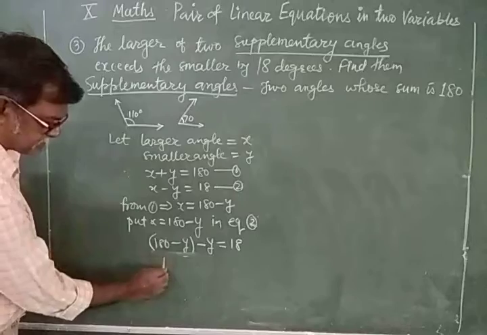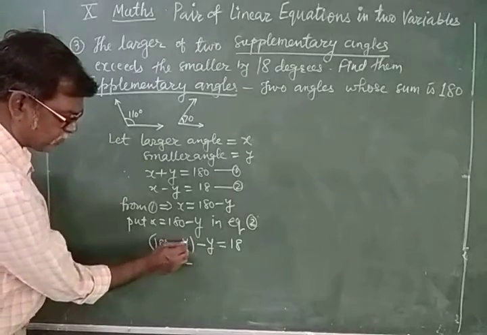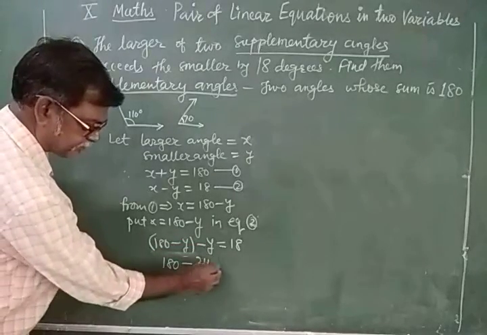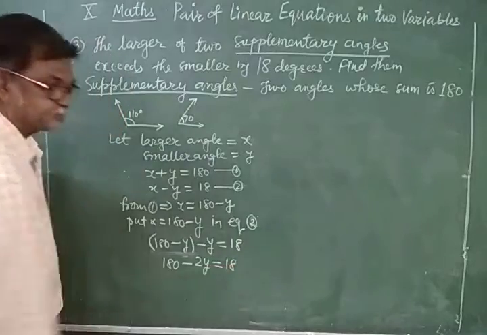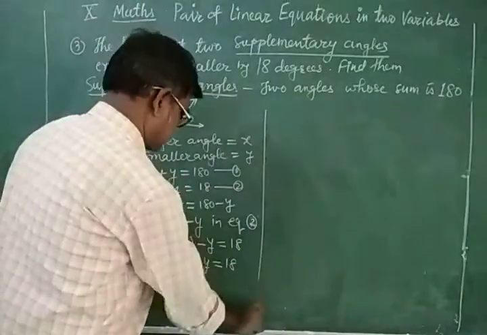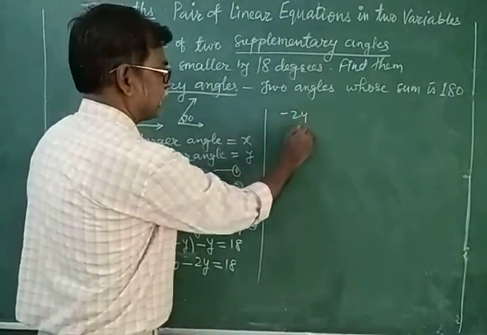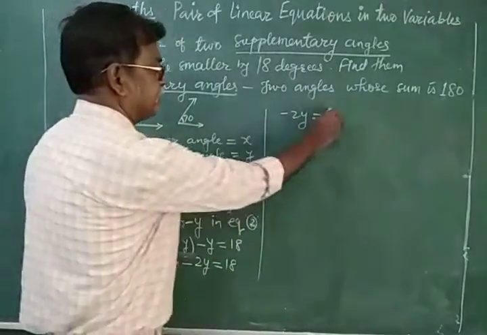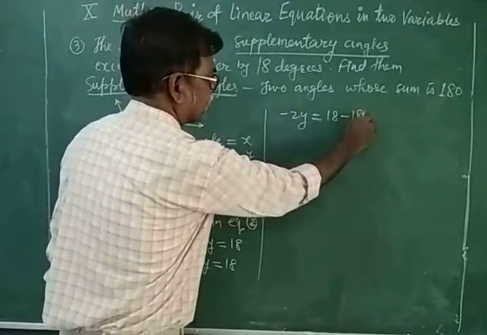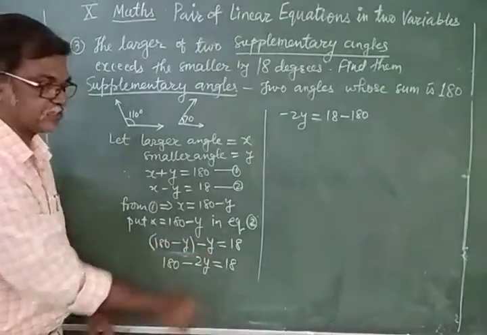Now simplify this. 180 minus y minus y is minus 2y, equal to 18. So minus 2y will be equal to 18 minus 180. 180 is transferred to that side.